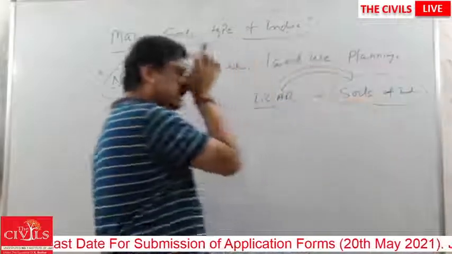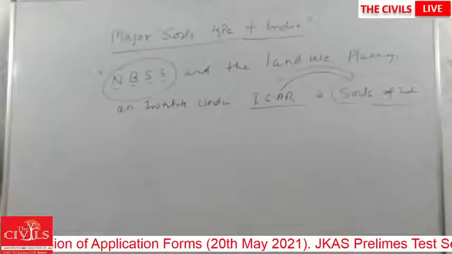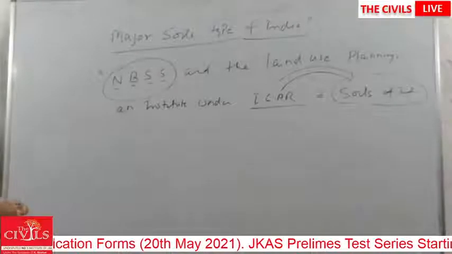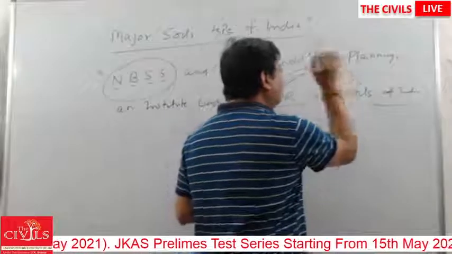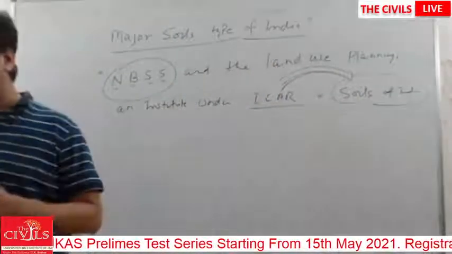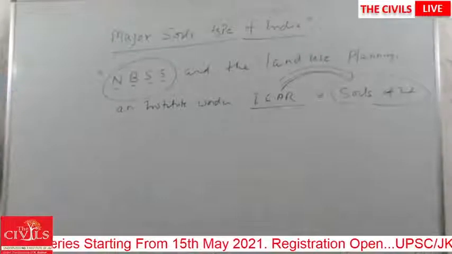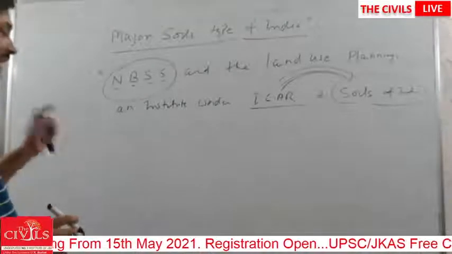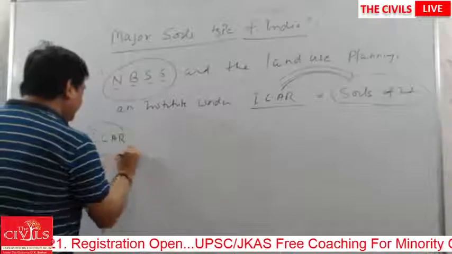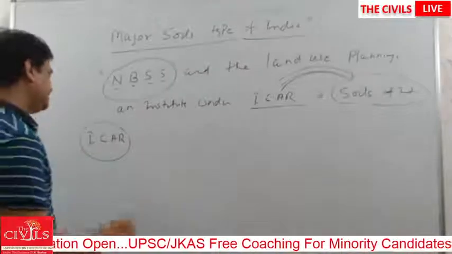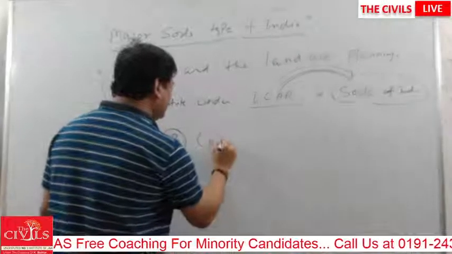This institution under ICAR did a lot of studies on Indian soil, and on the basis of these studies, ICAR, the Indian Council of Agricultural Research, divided Indian soil into 8 categories.